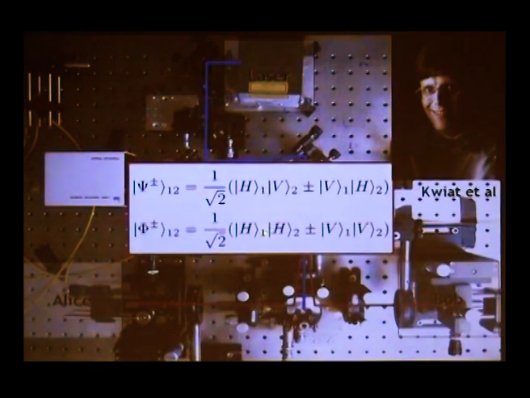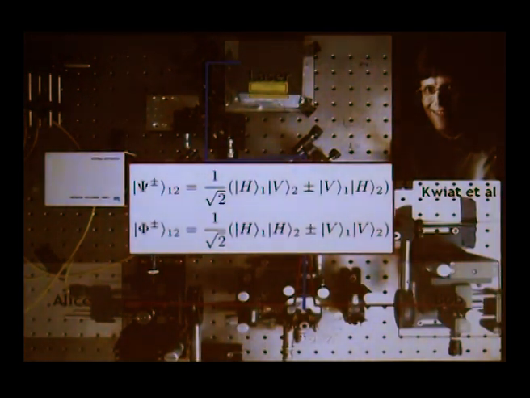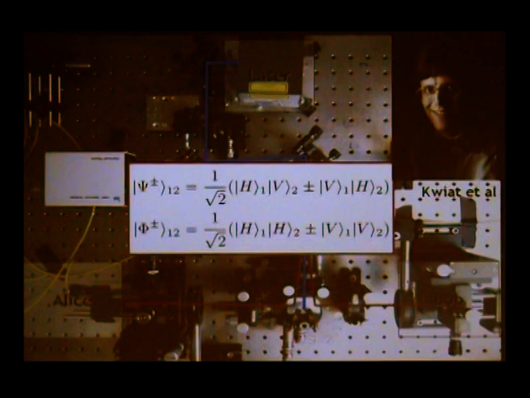And here I would remark something important, and that is three of these states are symmetric upon exchange of the two photons. One of the states, namely psi minus here, is antisymmetric, so it changes its sign. This is only possible, clearly, if the spatial state of the photons is also antisymmetric.